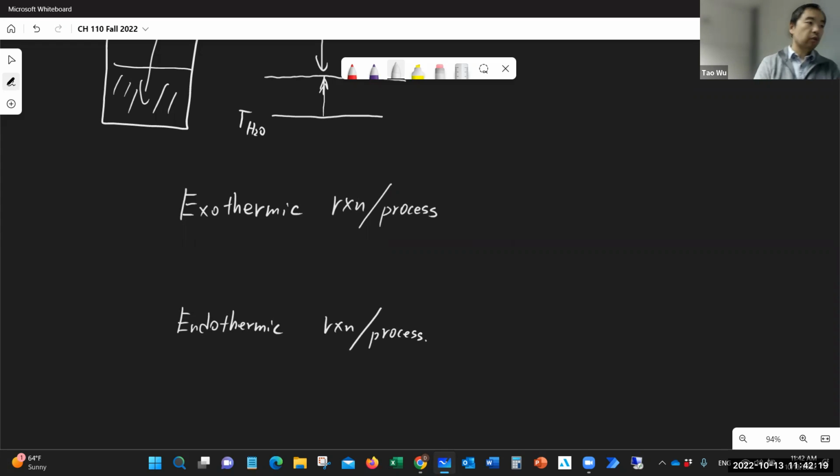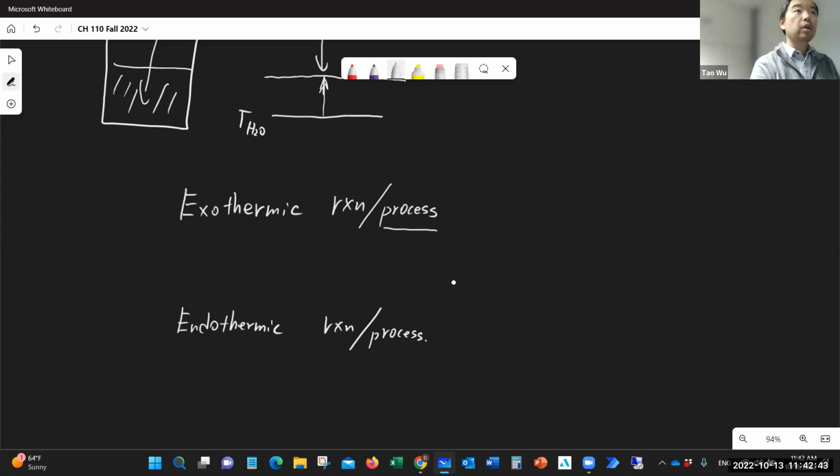The reason we call it a process is because some physical processes can also be endothermic or exothermic. So this could be a chemical process or a physical process, but that's exothermic or endothermic.